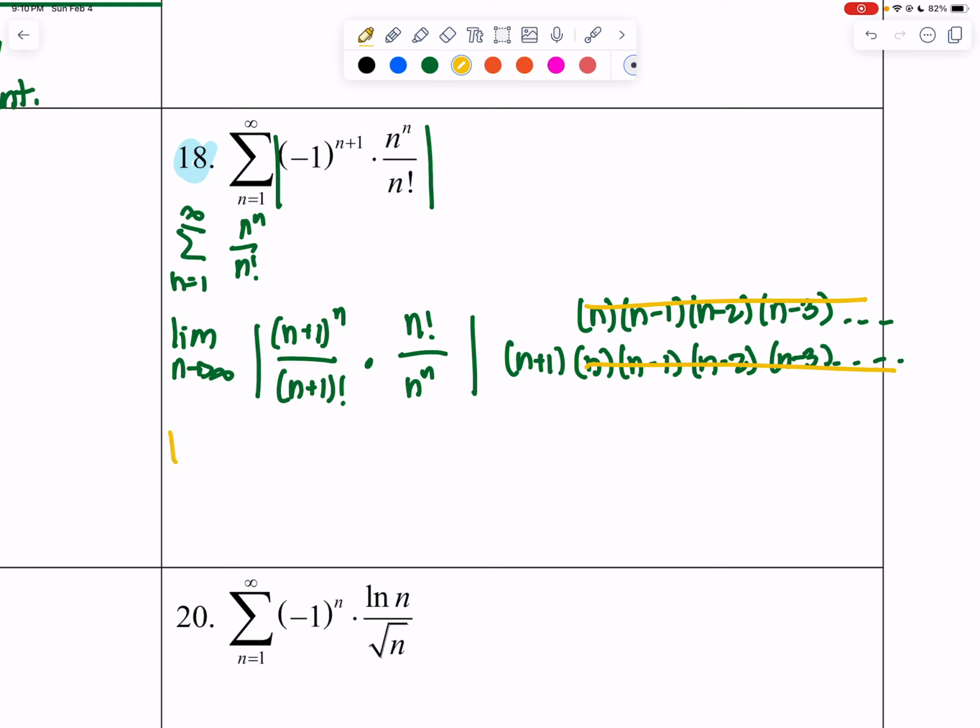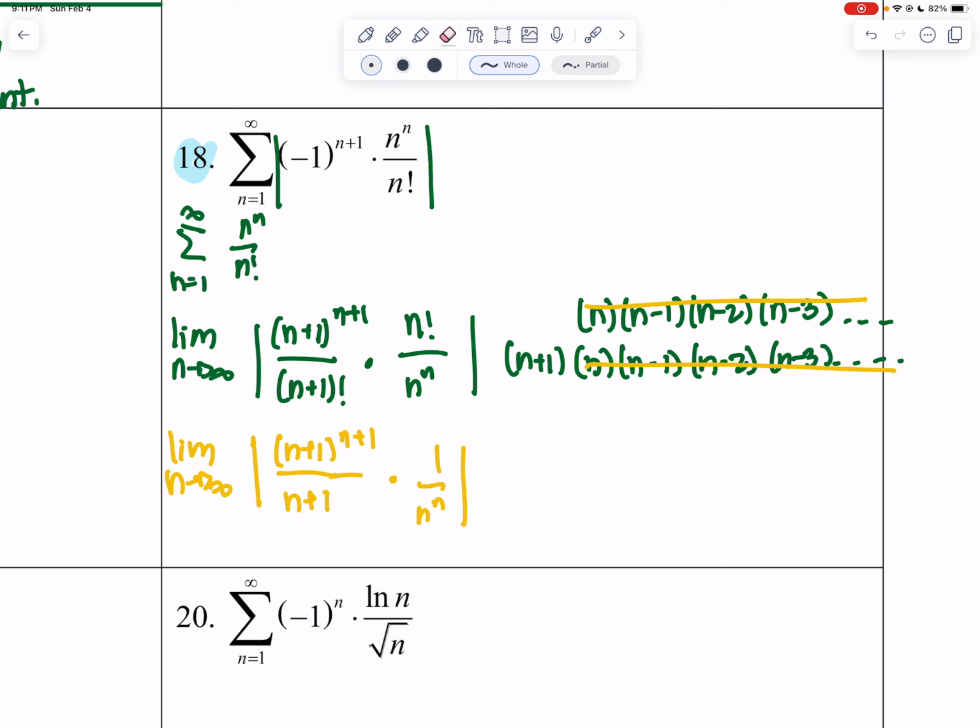So now I have the limit as n approaches infinity of the absolute value of n plus 1 to the n plus 1, oops, this should be a 1 right here, since I forgot to include that, times 1 over n to the n. Now notice how here we have n plus 1 to the n plus 1, and then we have an n plus 1 right here. So I'm going to use properties of exponents and say that this right here can be simplified to n plus 1 to the nth power.